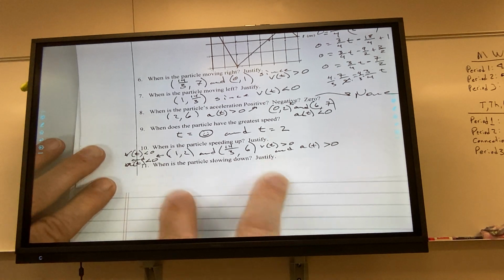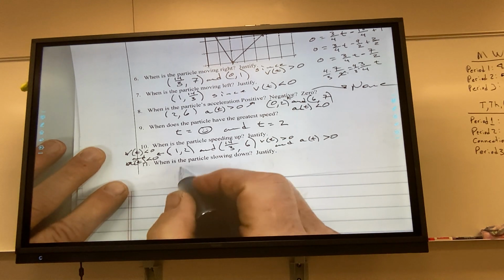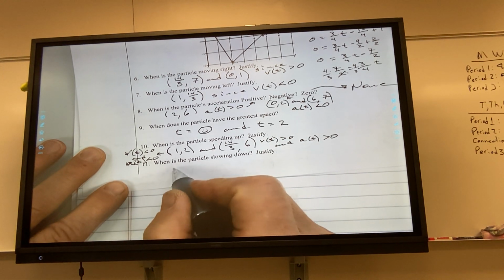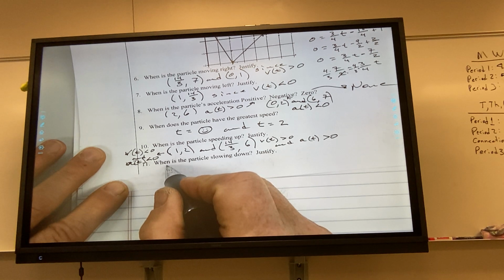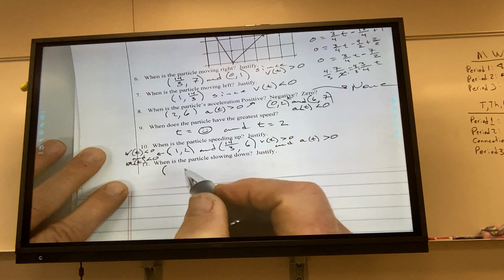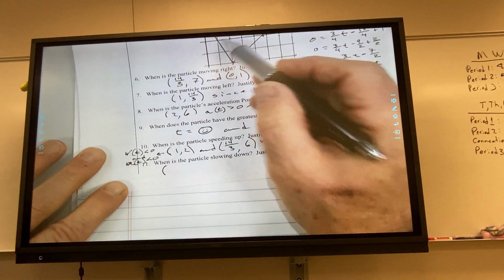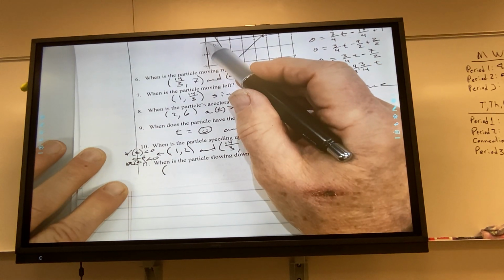All right, slowing down. Maria, where is it slowing down? My guess, Owen said, is as it's moving towards the x-axis, correct? So where is that, Maria? 2 to 1. 2 to 1, you're going backwards. Here? Oh, 0 to 1, right? Yeah, 0 to 1.